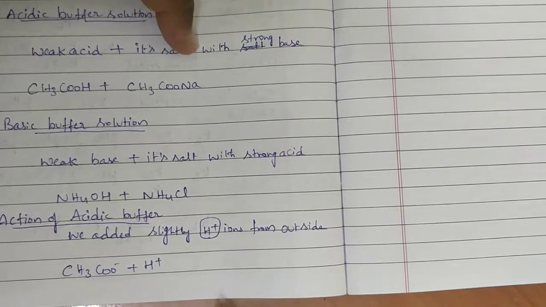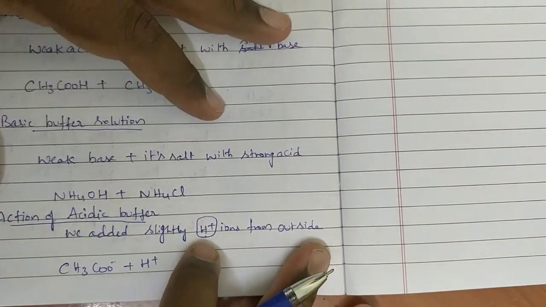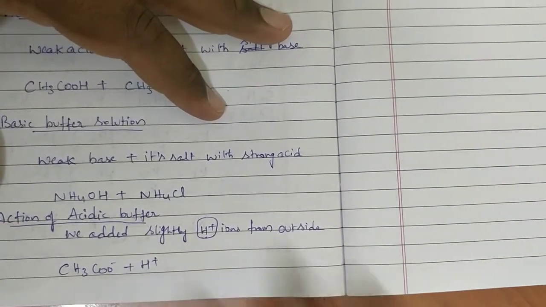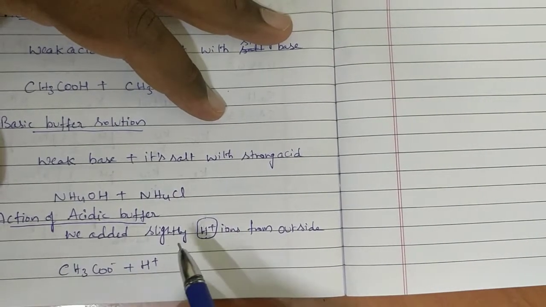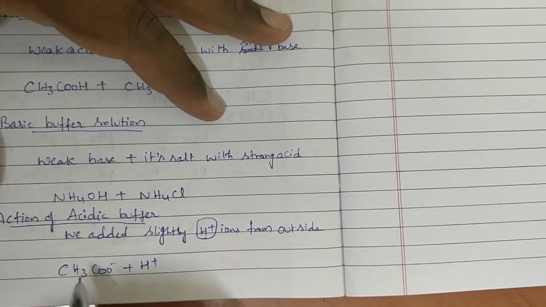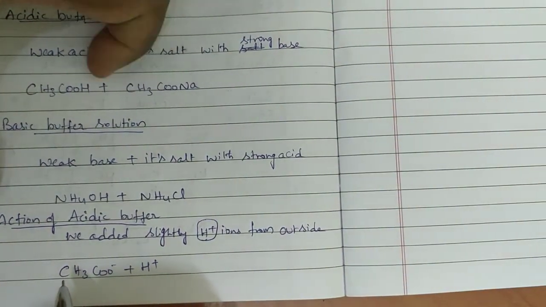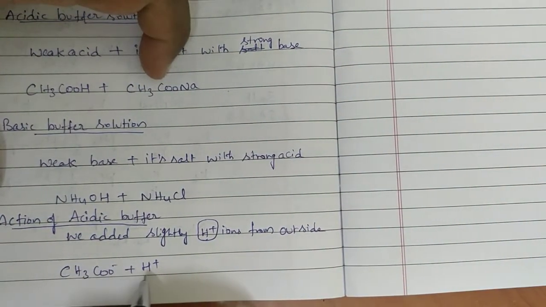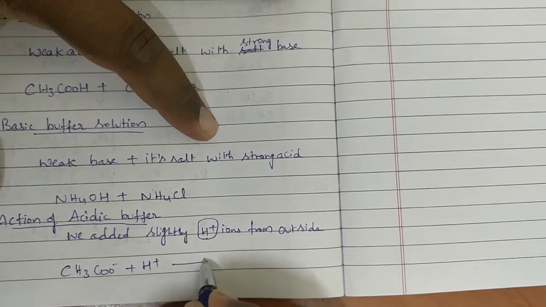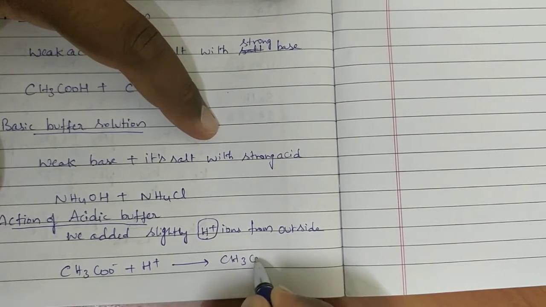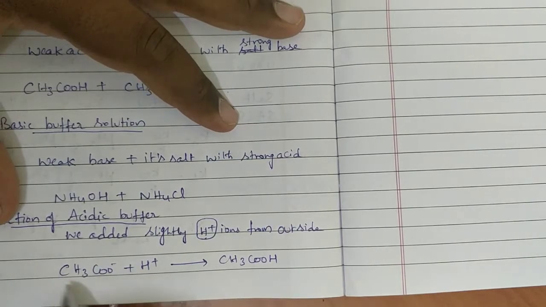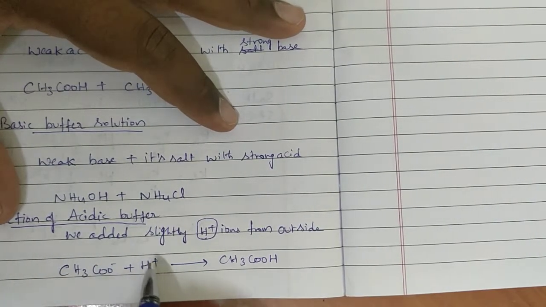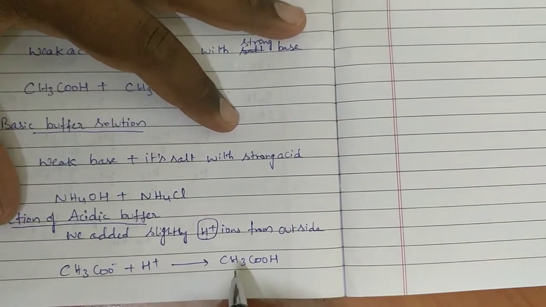Correct? When we add H plus ions or OH minus ions, first I took the example that we add slightly H plus ions from outside. Then CH3COO minus ions present in the solution will react with that H plus to form CH3COOH. Immediately, H plus ions are removed in the form of CH3COOH.